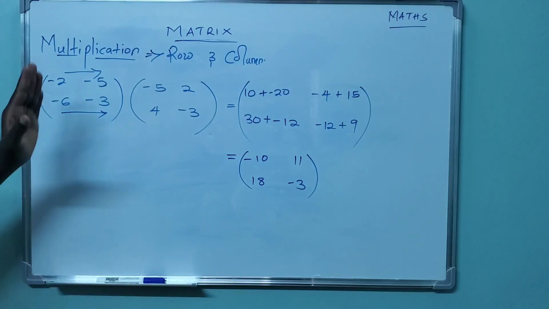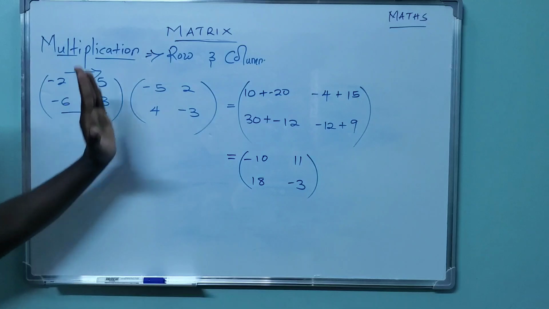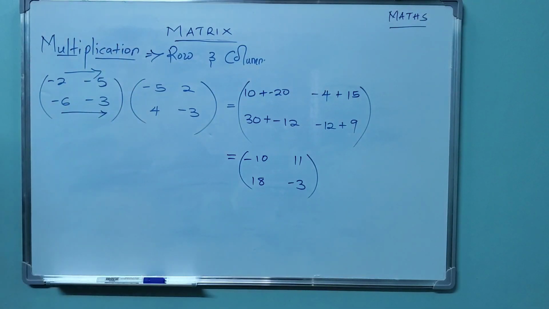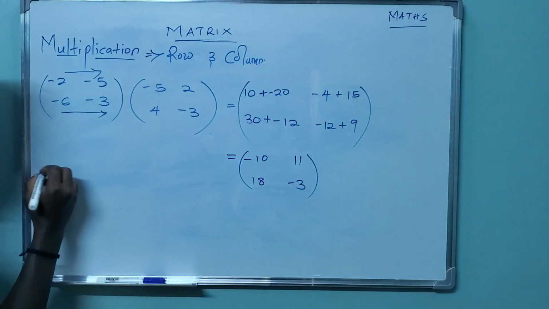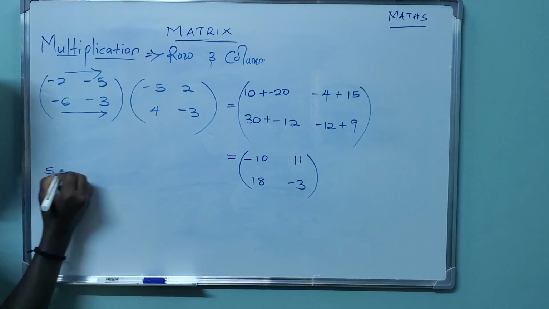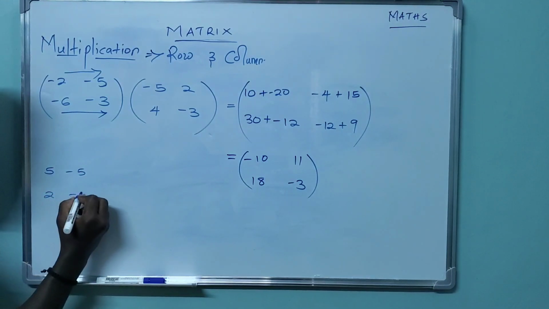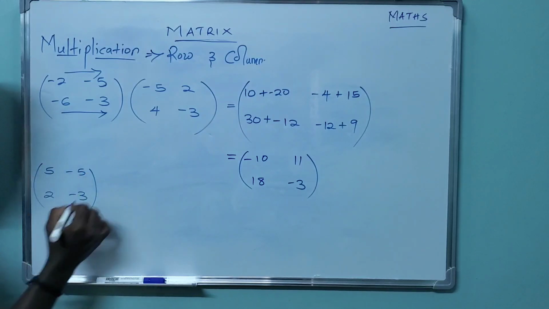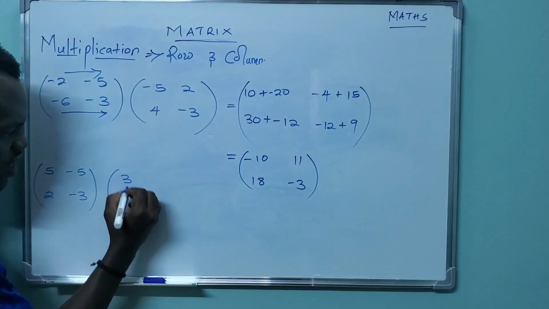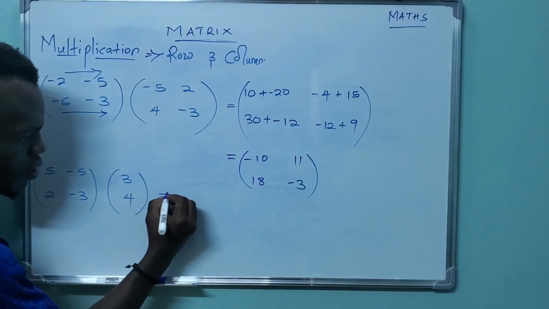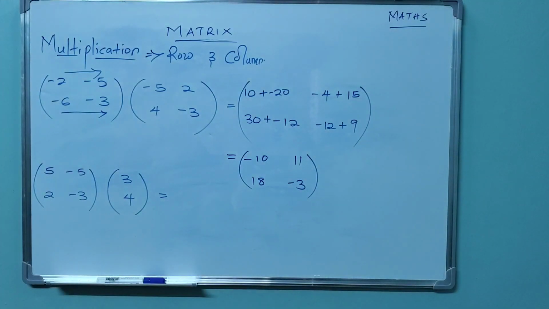So this one is multiplication of a matrix and another matrix. Suppose you've been given a matrix like this, 5, -5, 2, -3, with another matrix like this, 3, 4. Now, what are you going to have there?